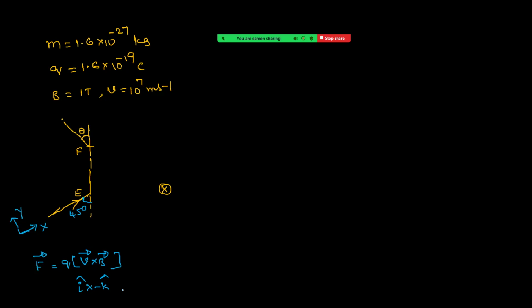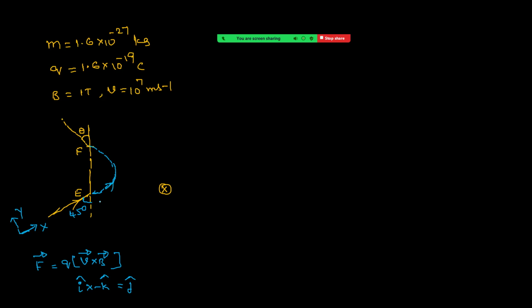Here minus is there, so it is now j cap. So the direction of force is along the y-axis. So velocity is like this, but force is in this way. That means motion is now a circle, it is like this. It is a circular path like this.